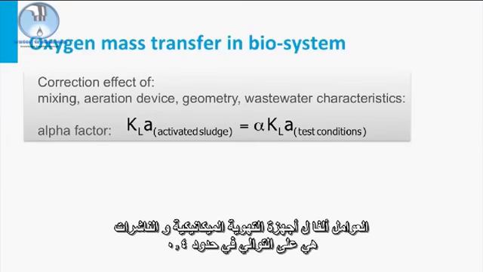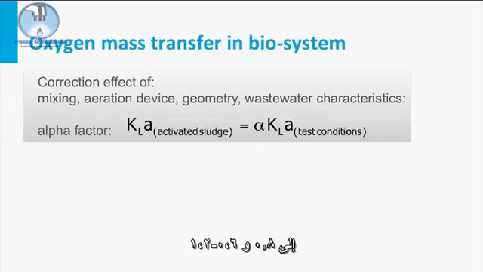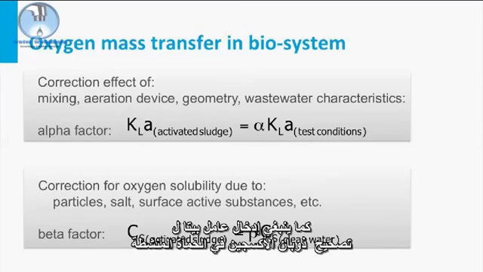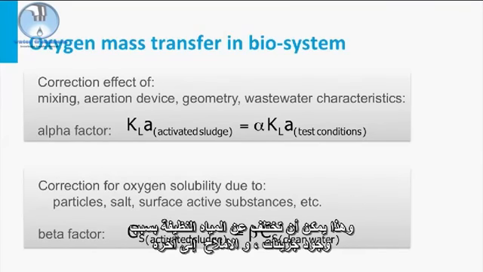Alpha factors for diffused aerators and mechanical mixers are respectively in the range of 0.4 to 0.8 and 0.6 to 1.2. Also, a beta factor should be introduced to correct for the oxygen solubility in activated sludge. This can differ from clean water because of presence of particles, salts, etc.